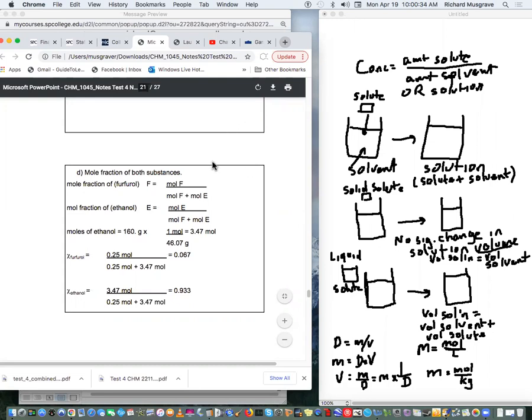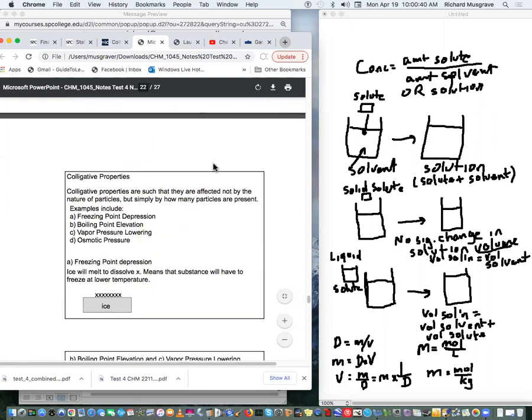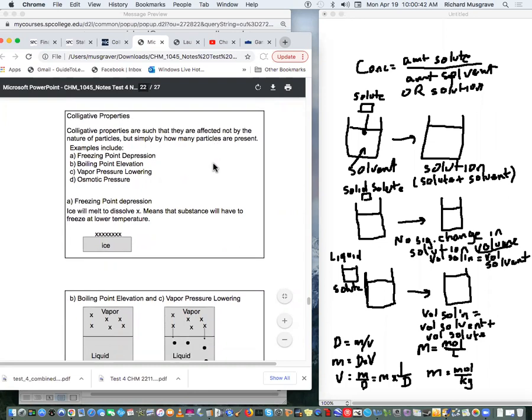All right. So those are all the concentration units that we're going to talk about. So what are we going to do with these? Well, we're going to apply these to another concept known as colligative properties. Colligative properties are not affected by the nature of the particles, but simply by how many particles there are present.